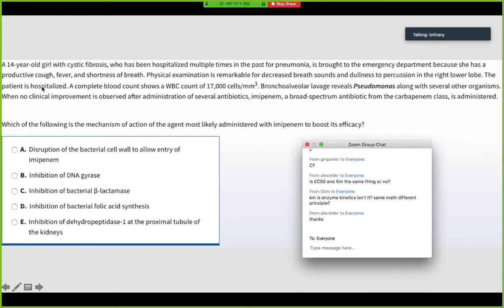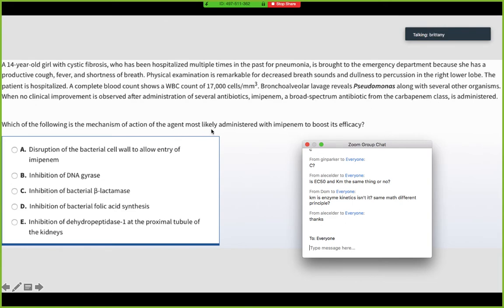Okay, so getting into some antibiotics here. You have a 14-year-old with cystic fibrosis who has been hospitalized multiple times for pneumonia, brought to the ED with a cough, fever, and shortness of breath. Bronchial alveolar lavage reveals Pseudomonas. When no clinical improvement is observed, she gets imipenem, broad spectrum from the carbapenem class.